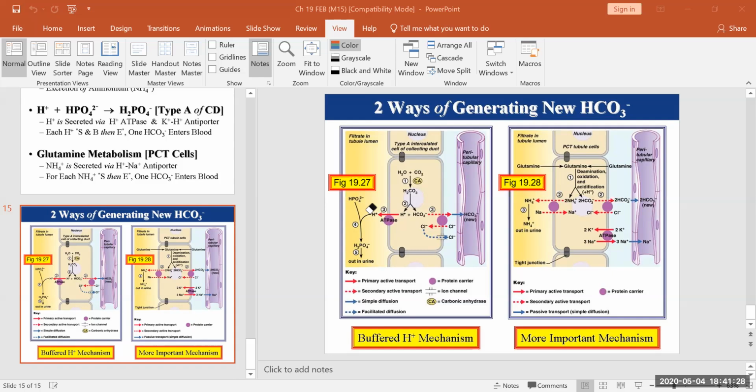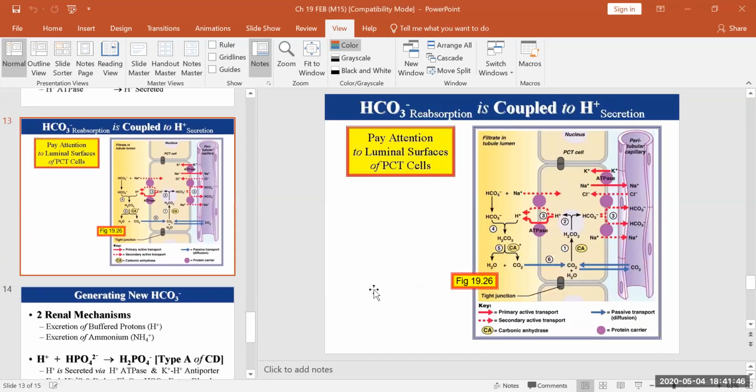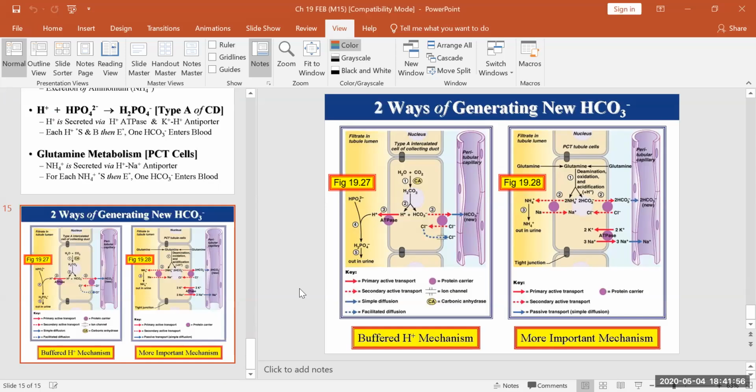Let me go there. So 19.27 is page 558 in your book. Oh, the previous picture, sorry, I forgot. This picture here corresponds to 19.26 of your book, and that's on page 557. Okay, let's go back here. This one.